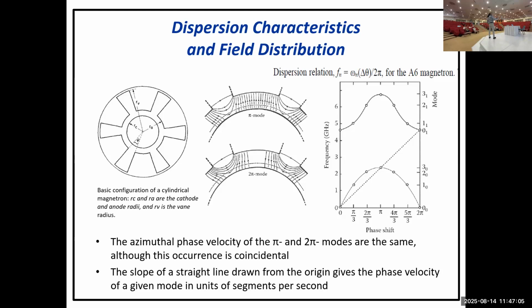What you see here is the 2 pi mode and the pi mode, and there are a couple of other modes that can exist. Usually in cold tests, either by computer simulation or in the lab, you're going to end up with points, and these are basically resonances. These points depend on the number of cavities. For azimuthal or circular devices like magnetrons and CFAs, you will have N over 2 plus 1 resonances, N being the number of cavities.